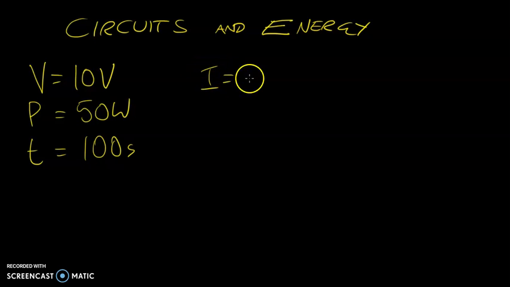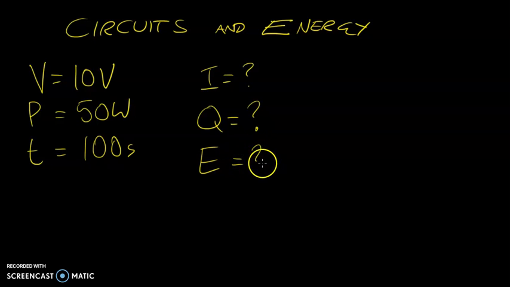We don't know what current is. We don't know what the quantity of charge dissipated within the circuit is, and we don't know what the energy in the circuit is whilst it's operated for that period of time.